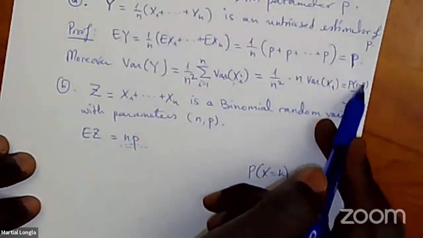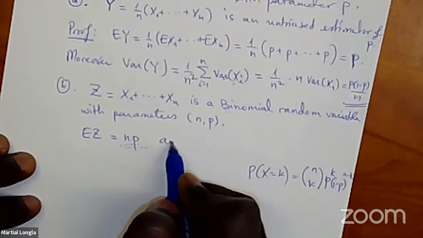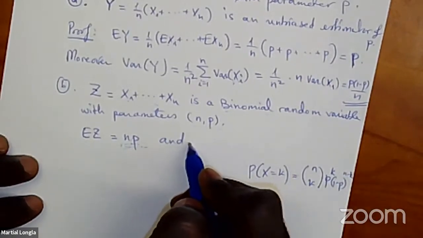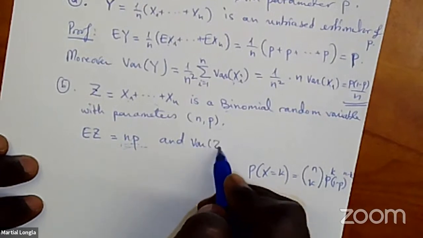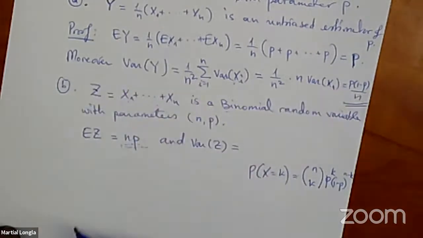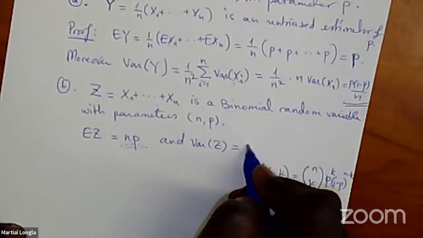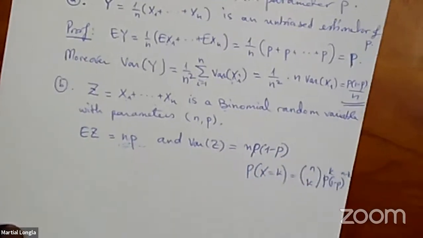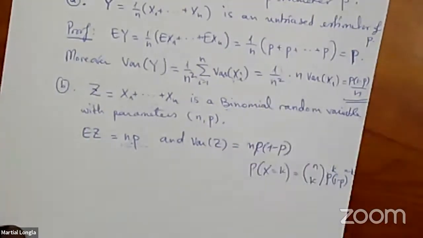And based on what we just found, I don't need to suffer through the sum with the square to get the variance. The variance of z can still be obtained from here. We got that it's n times p times 1 minus p, because we just need to multiply by n squared.